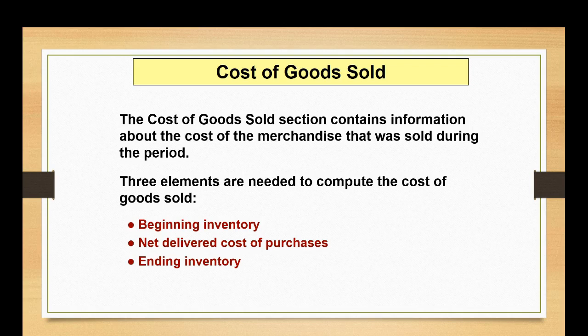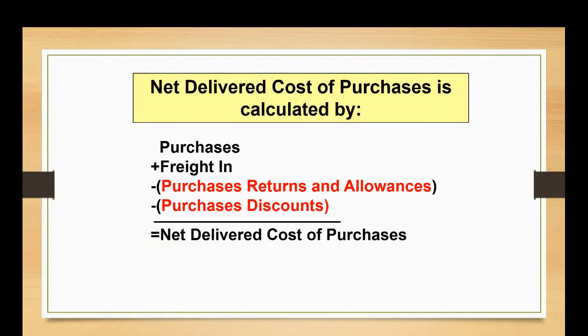We'll further break this down so that you can see how to create the net delivered cost of purchases. So the net delivered cost of purchases is computed by starting with your purchases and adding in the freight in or transportation in, and by subtracting out the two contra expense accounts that you learned about, purchase returns and allowances, and purchases discounts.